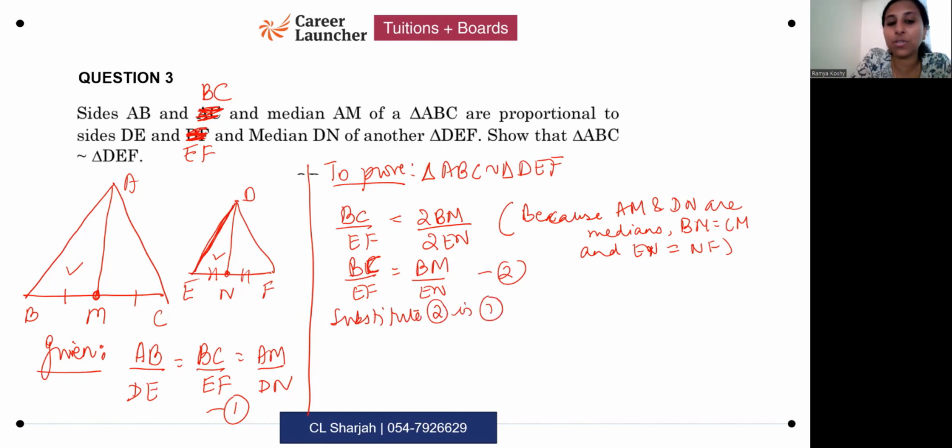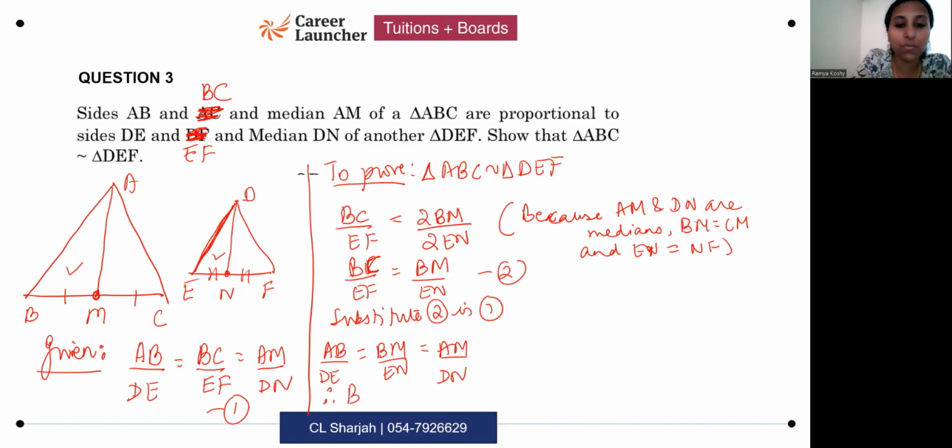What happens when you substitute? AB by DE equals BM by EN is equal to AM by DN. What does this mean? All three sides of the smaller triangles are proportional to each other. If all three sides are proportional, what does it mean? The two smaller triangles are similar.